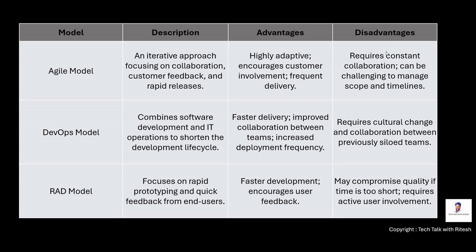That is not actually a disadvantage, but of course a few people might think it's a disadvantage. Okay, can be challenging to manage scope and timelines. For the DevOps model, it requires cultural change and collaboration between previously siloed teams. For the RAD model, may compromise quality if time is too short, requires active user involvement.